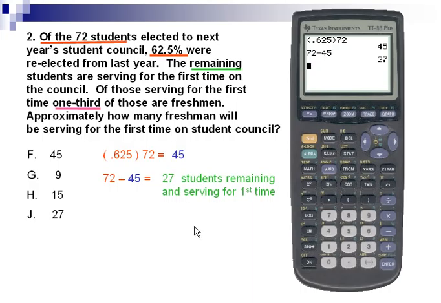The problem then tells you that 1/3 of those students are freshmen. So in order to find 1/3 of those, since we have the word "of," we multiply 1/3 times 27. That tells us that there are 9 freshmen serving for the first time. So the answer is G.